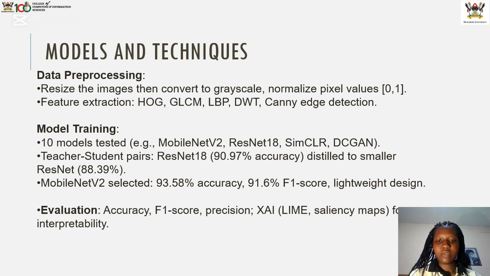Among the 10 models, we had the models that stood out, for example, the ResNet 18, the MobileNet V2, and the Random Forest model as well. When it comes to evaluating these models, we used accuracy, F1 score, and precision. Then we performed explainable AI for the 2 best and 2 worst models, for interpretability of how these models worked.